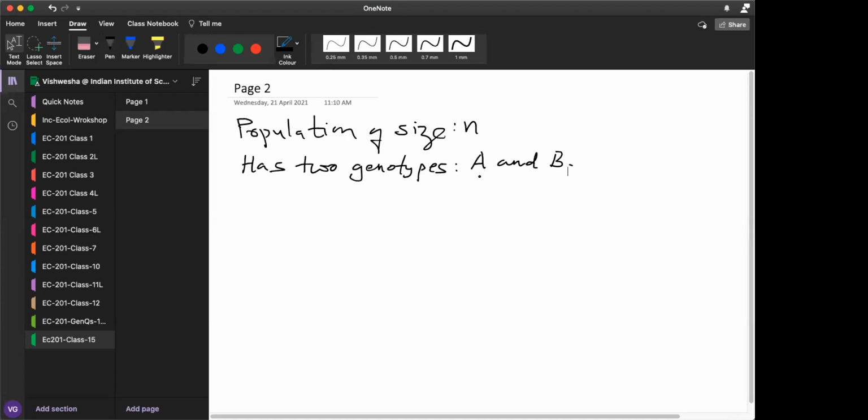So let's say there are two genotypes. We want to understand how things change over time, so you look at what's there at time t.